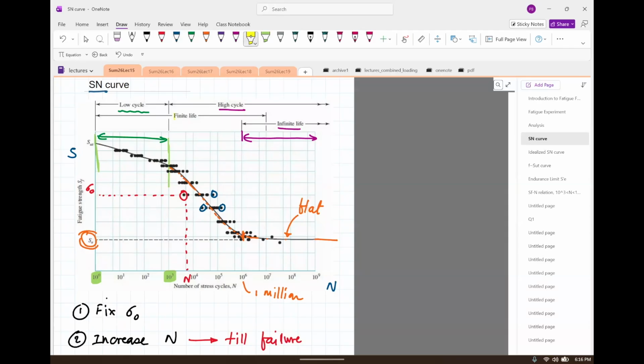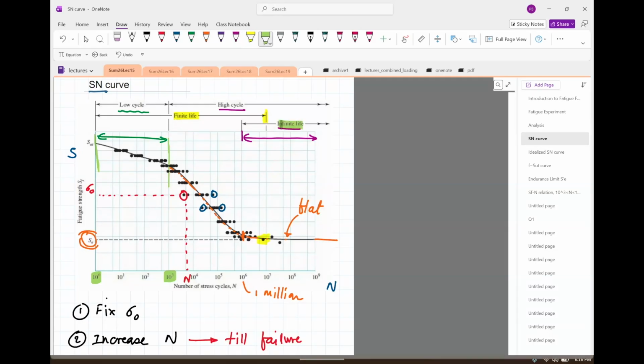The reason why we'll call it finite life is because all these dots indicate failure occurring up to about, I mean, they appear up to 10 million, but for all practical purposes, we'll assume that it's actually going up to 1 million. Sorry, 10 million. So you can see it ends right here, 10 million. So after 10 million, it becomes sort of infinite life. So there's a boundary of where there's an overlap.